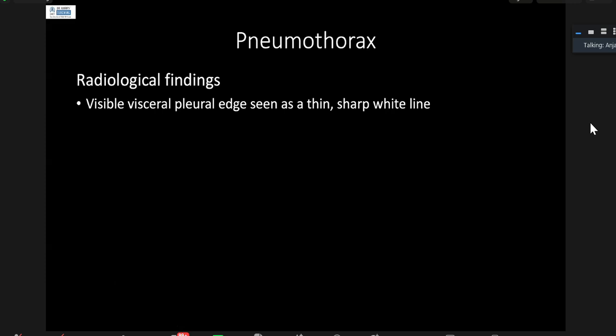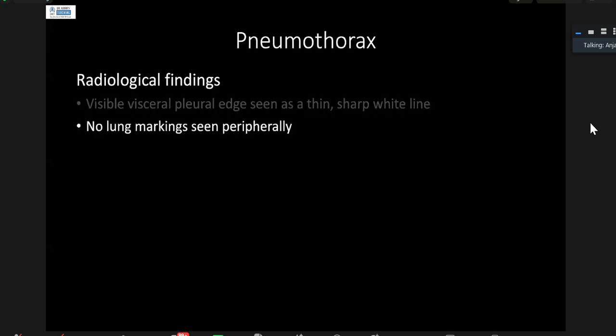The parietal pleura stays along the inner aspect of the rib cage, whereas the visceral pleura moves inwards. So what we see is a thin white line of visceral pleura, just like how you saw the minor fissure. Fissure is formed by visceral pleura, isn't it? So similarly, a thin white sharp line of visceral pleura you will see.